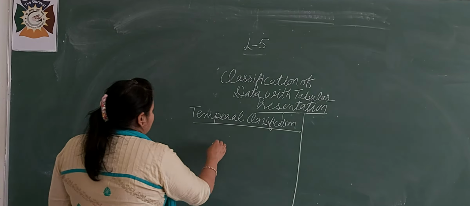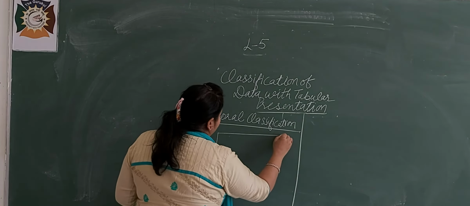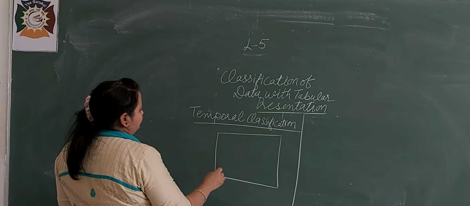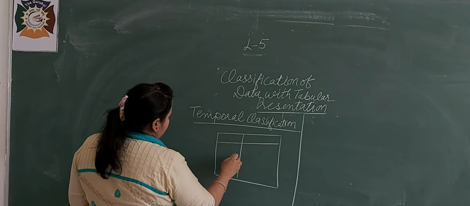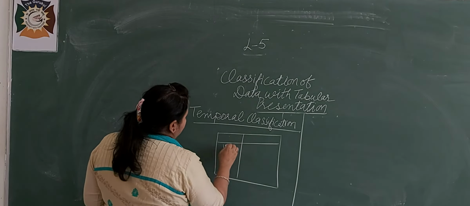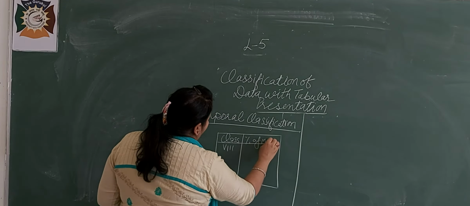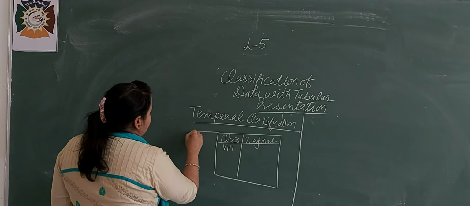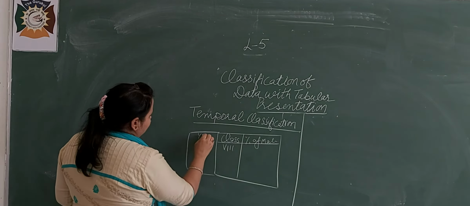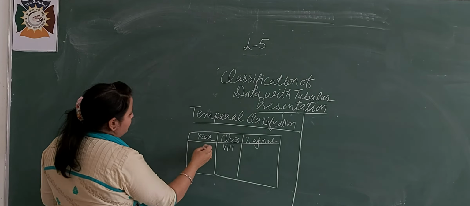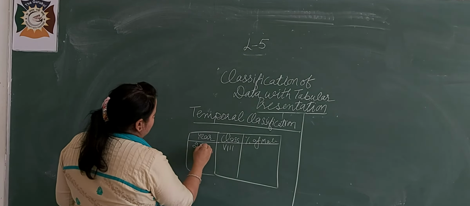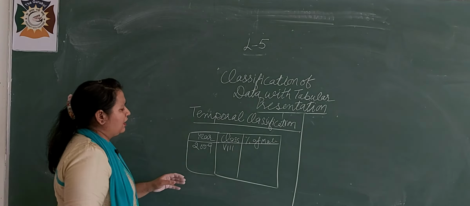Temporal classification, for example, let us take our own example. For example, I score in class 8th, percent of marks. I score in class 8th in year, suppose 2009 I am taking.